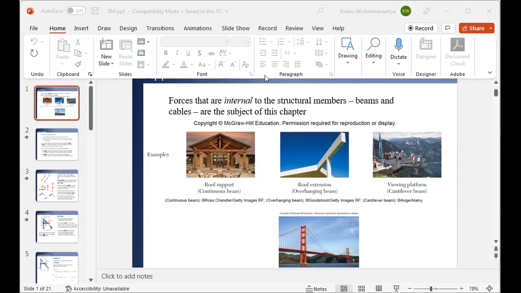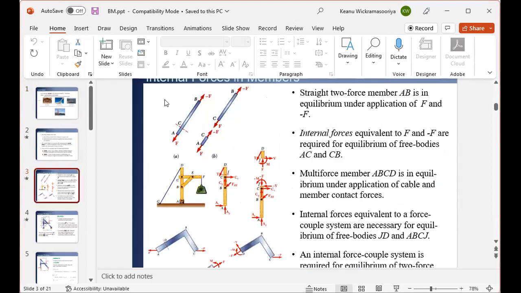Now you need to understand that when you have a structural component externally loaded, that whole component must be in equilibrium. Can you see this slide?